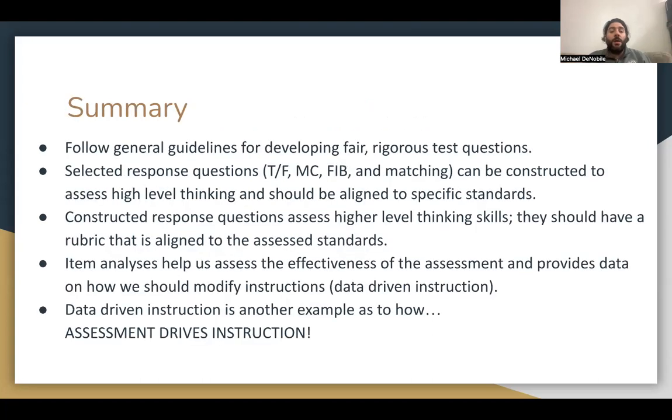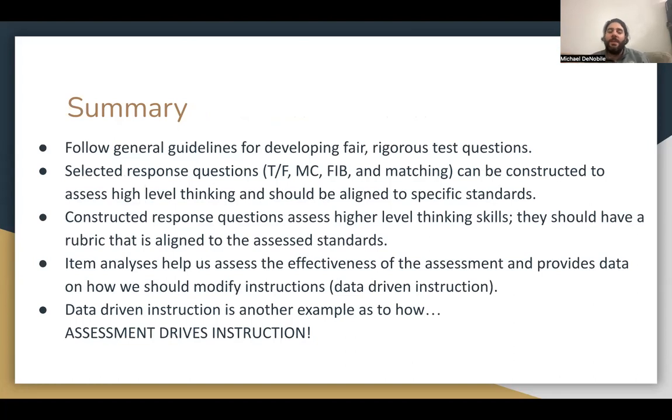All right. So summary. Follow the general guidelines for developing fair, rigorous test questions. Selected response questions such as true, false, multiple choice, fill in the blank, matching column can be constructed to assess high-level thinking and should be aligned to the specific standards.